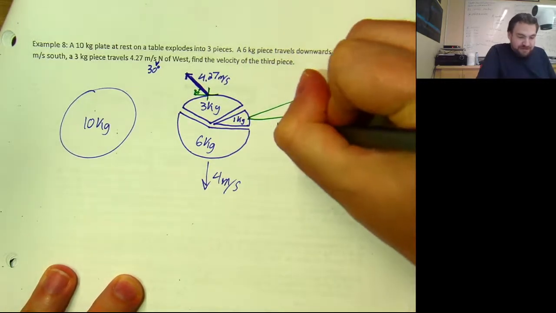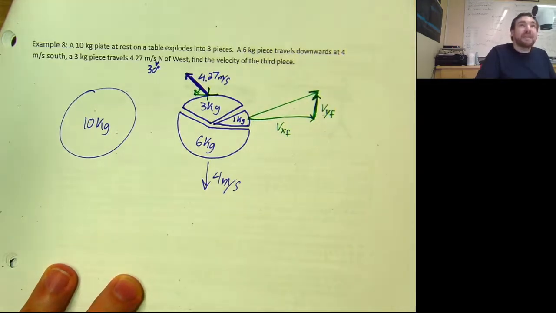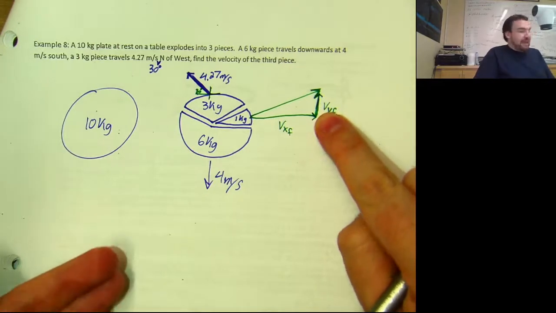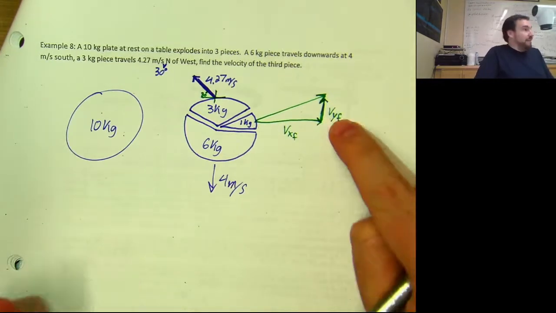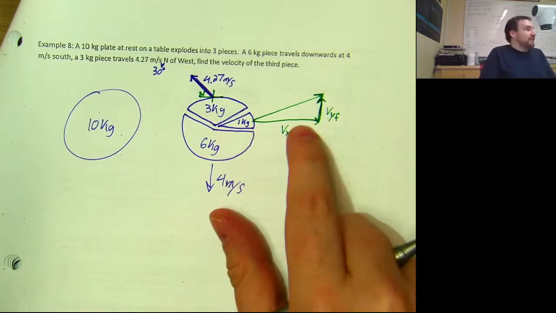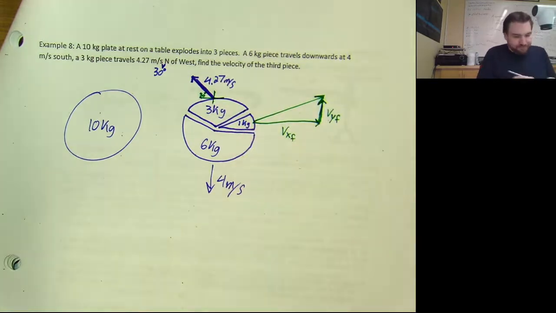So we've got our Vx final and our Vy final. If Vy final is negative, we know this 1 kilogram piece is going down. If Vy final is 0, we know this piece is going purely horizontally. Okay? So the values we find are going to tell us what's actually happening with this piece. Let's do it.